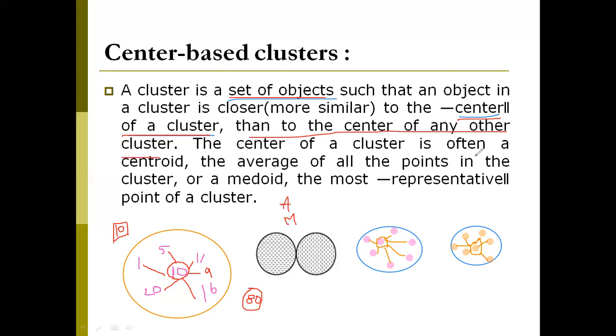The center of a cluster is often a centroid, the average of all the points in the cluster, or a medoid. If it is continuous values, you can calculate the average, and then make that particular point the centroid.